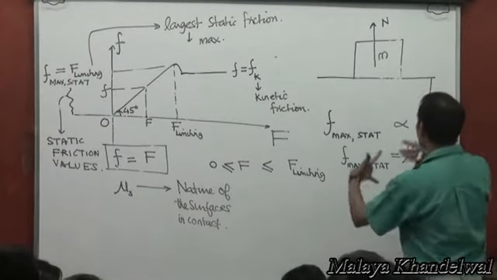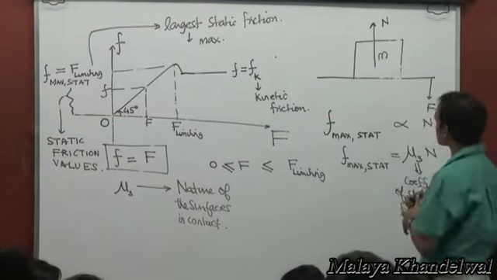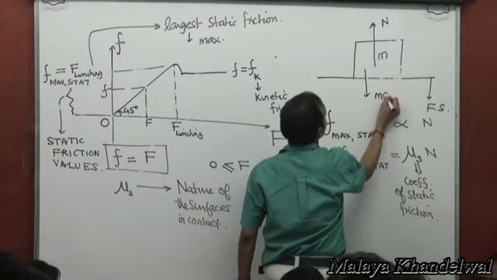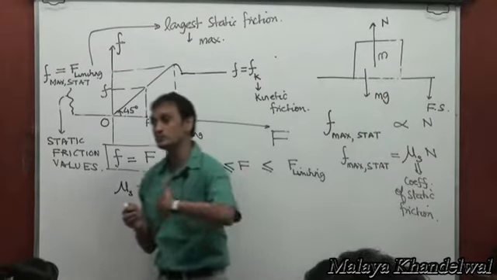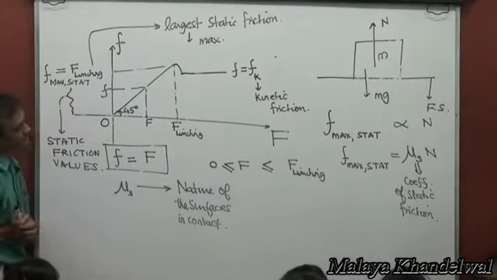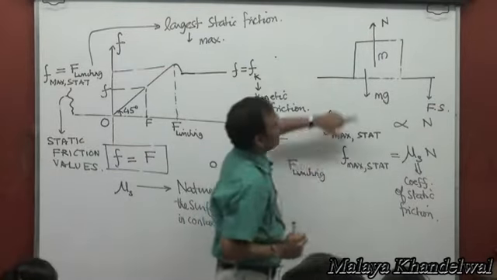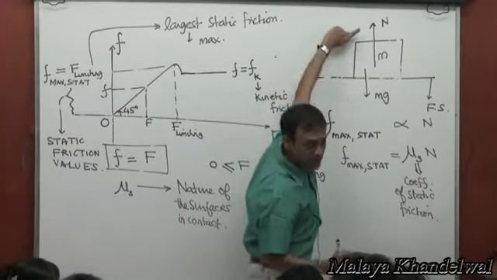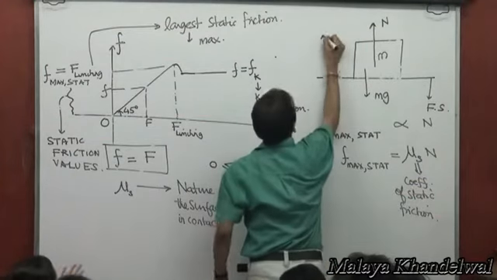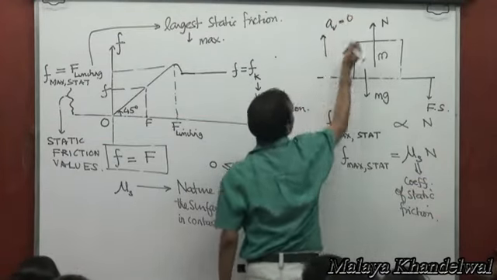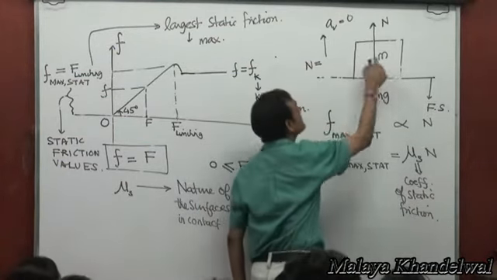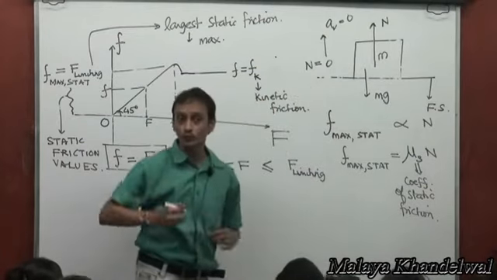N in general, for example, in a situation like this, there is N acting upwards, mg acting downwards. And if there is no vertical acceleration of small m, if this a vertical is 0 for small m, then the net of all forces in the vertical direction acting on m must be 0, and then N equals mg, right?